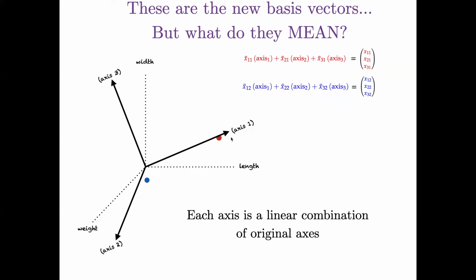If I think of axis 1 as a vector rather than the whole line that spans the axis, as just this direction vector, I can get to this vector from a linear combination of length, weight, and width.